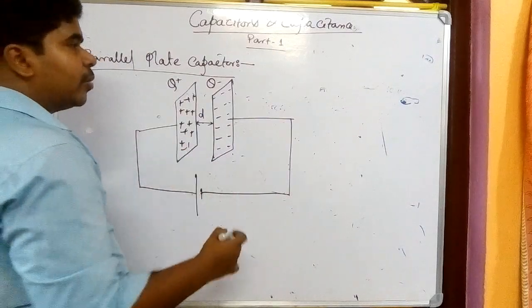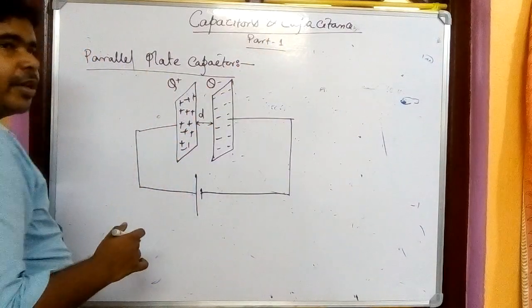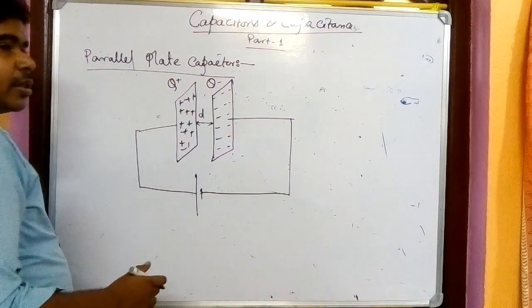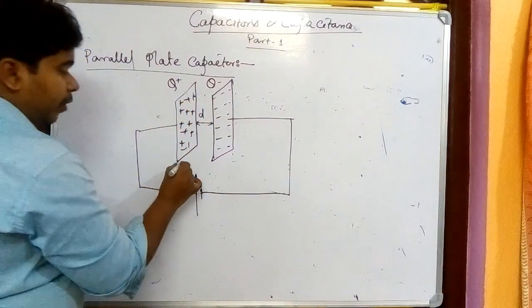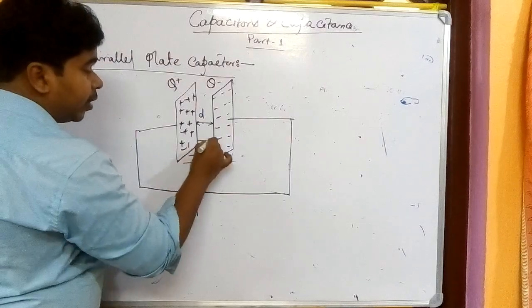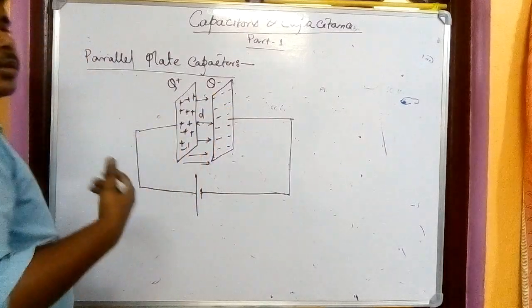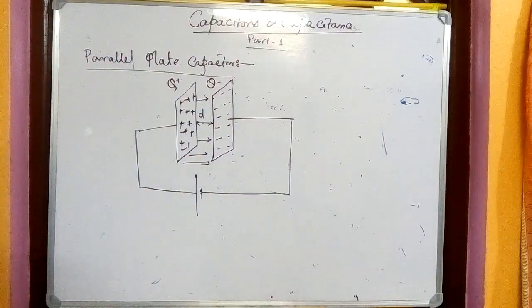It is not possible to discharge from here because these two charges are here and there will be an electric field. We have learned the electric field acts from positive to negative, and due to the strong electric field the charges cannot escape.